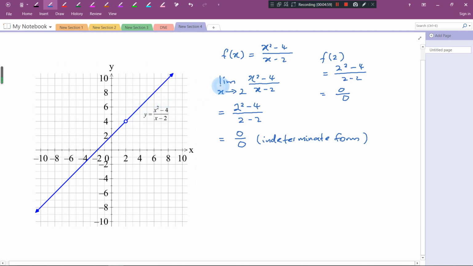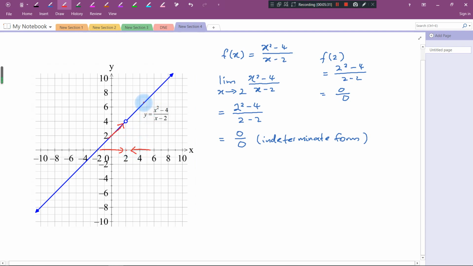But it's okay, we still can get the limit as x approaches 2. Now let's look at this graph. This is 2. As x approaches 2 from the left hand side, you will notice that the y, the f of x, is heading to 4, correct? So how about when x approaches 2 from the right hand side?